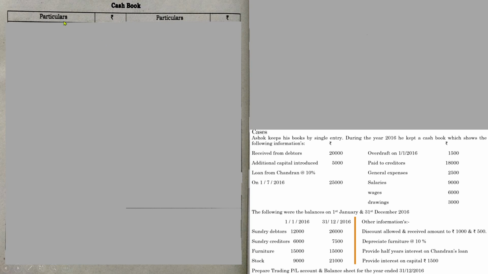I hope you all know the format of preparing a ledger. An actual ledger account consists of date, particulars, journal folio and amount on each side. But in a final accounts situation, it doesn't specify date or journal folio, so at least write particulars and amount. You need to write in a very clean T-shaped account.